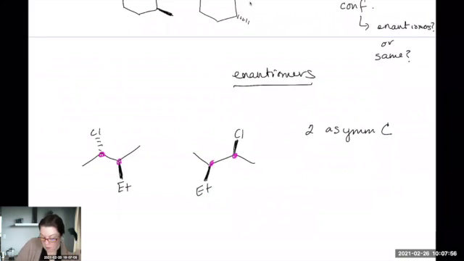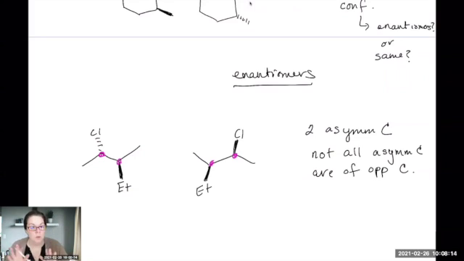So not all asymmetric carbons are of opposite configuration.